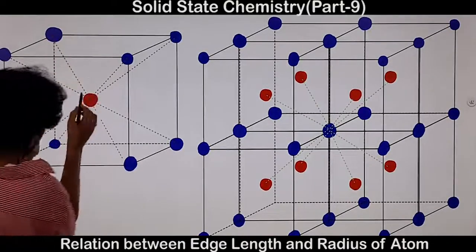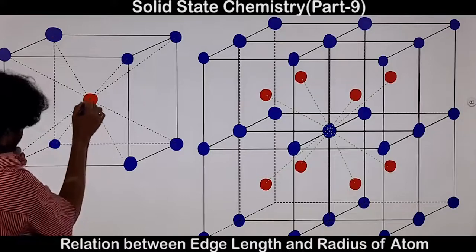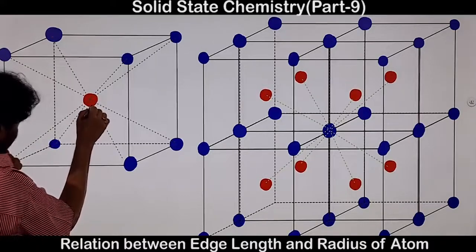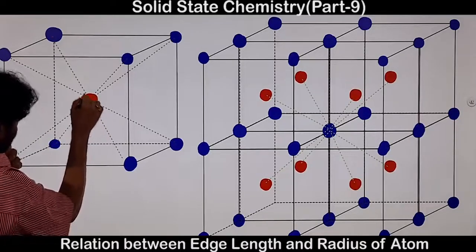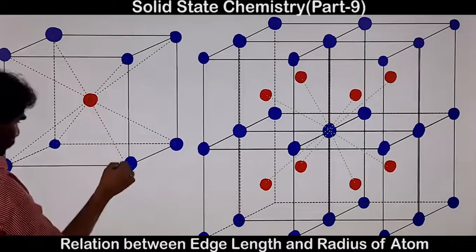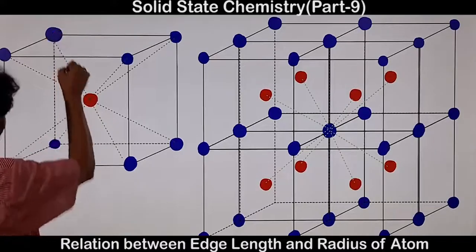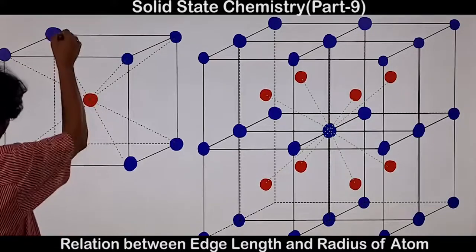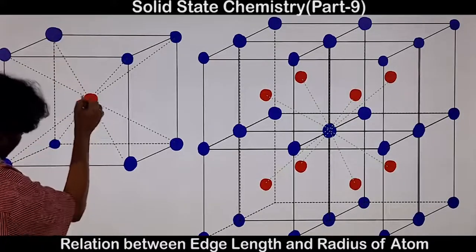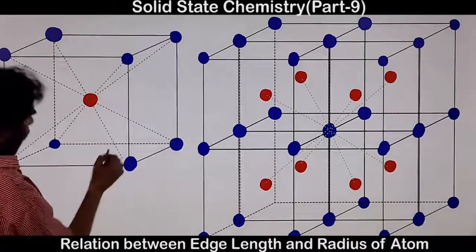So this is touching this. The whole of this is the diameter, which is 2r, and its part, from here r, from this r.